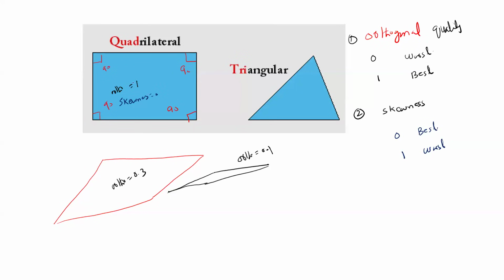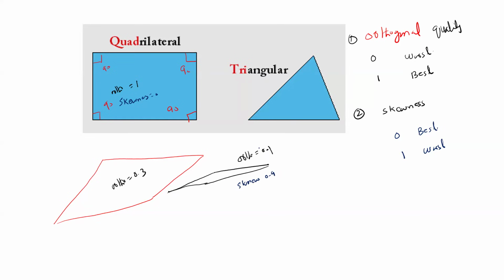So in this case the skewness is equal to 0. I'm not saying they are directly connected, but somehow they have a reciprocal definition. For example, if the orthogonal quality is 0.1, then the skewness would be close to 0.9. Maybe it's 0.95, maybe it's 0.85. It will be close to that value.